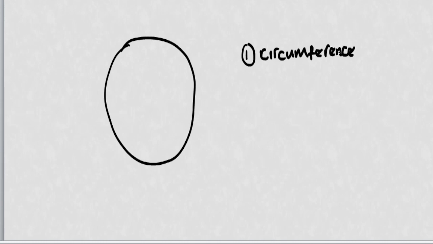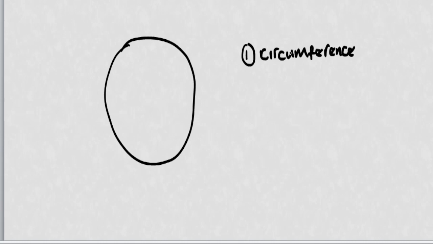Now, what is a circumference? For a circle, a circumference is defined as the total distance around the circle. So the distance which is around this circle is what is referred to as the circumference.